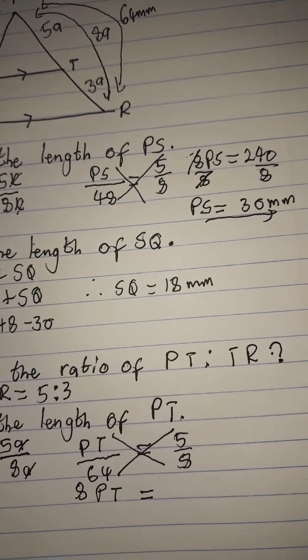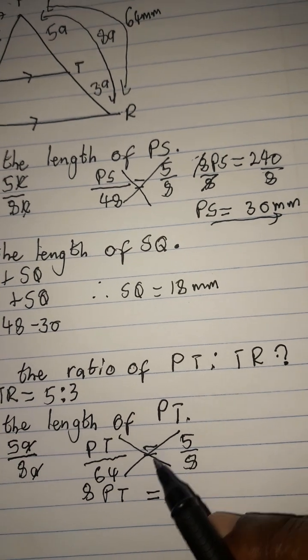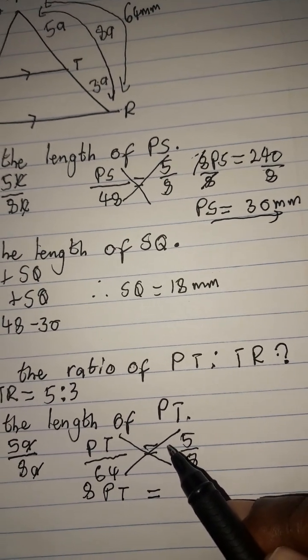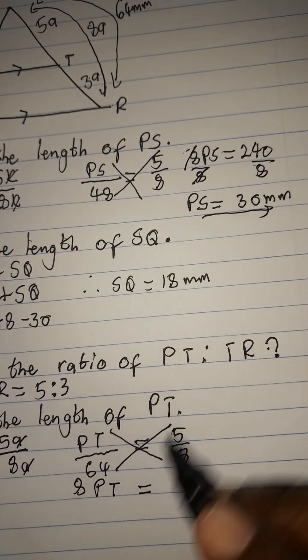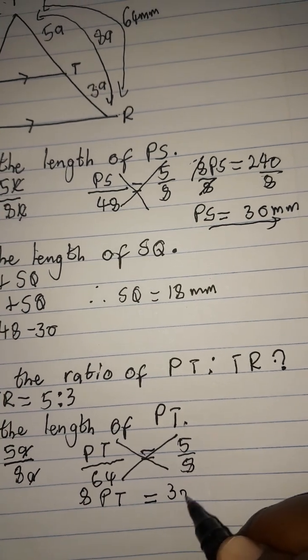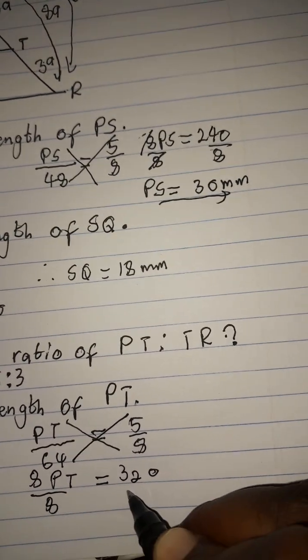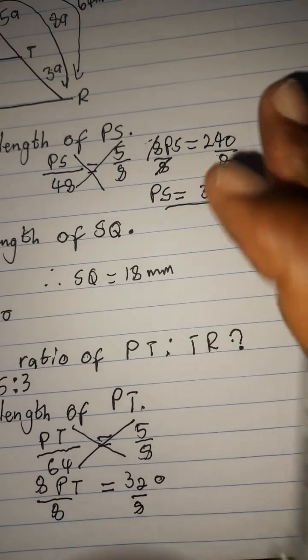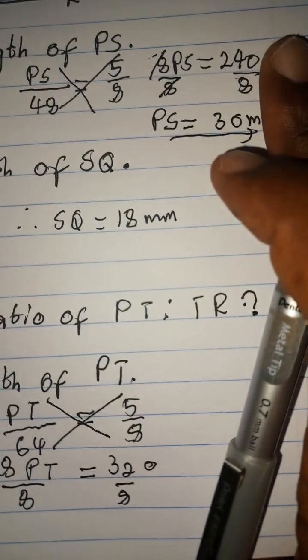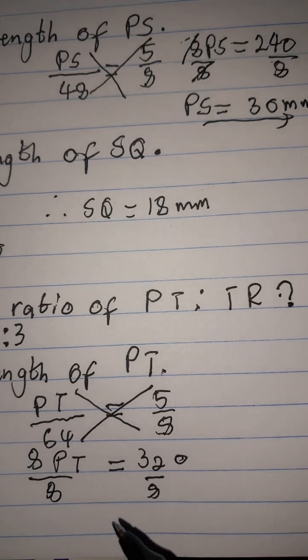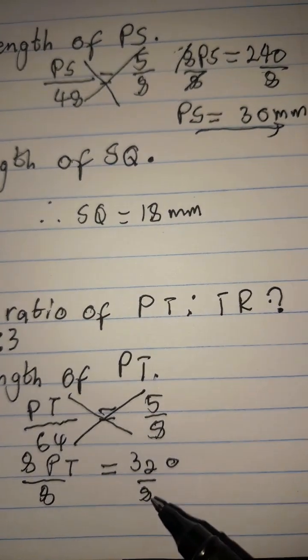Then we ask ourselves, what is 64 multiplied by 5? That is 320. Then divide by 8. So in other words, guys, here you have 320 divided by 8.